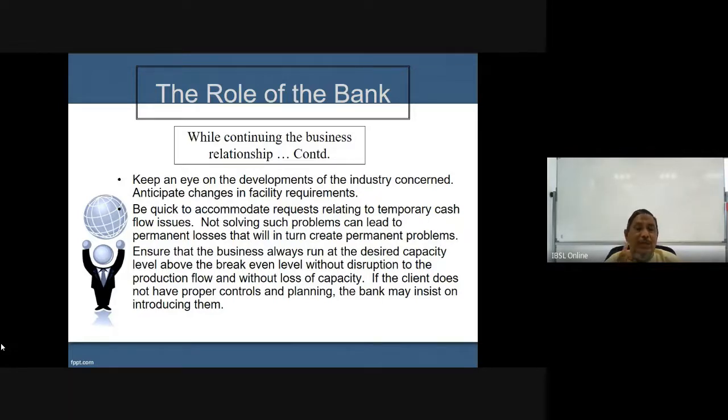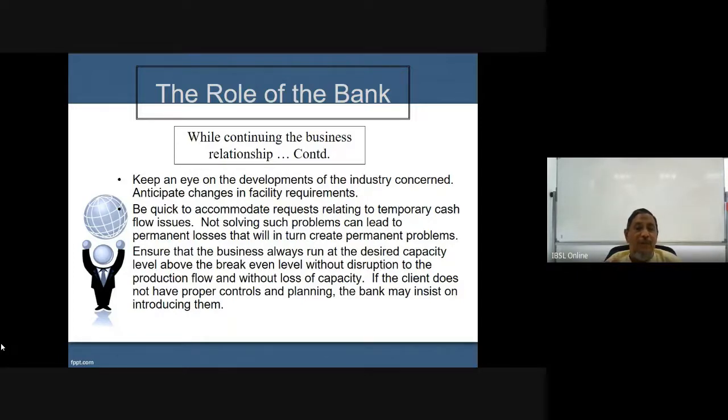Ensure that the business always runs at the desired capacity level, above the break-even level, without disruption to the production flow and without loss of capacity. If you visit factories or manufacturing organizations, check whether they are operating at the desired capacity. At the time of granting a facility, we consider that machine capacity will be utilized at 75% or 80%.